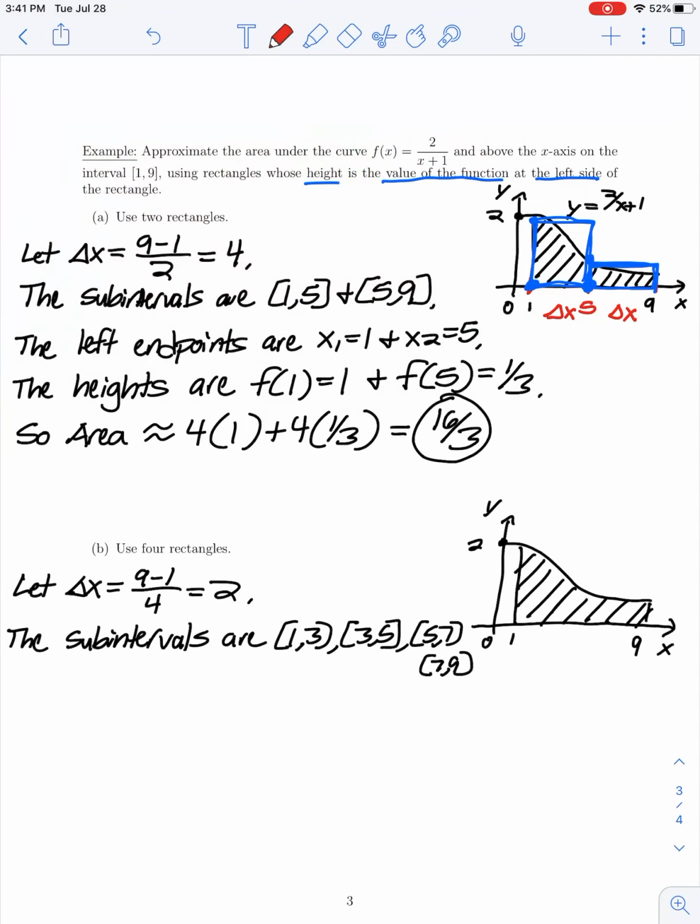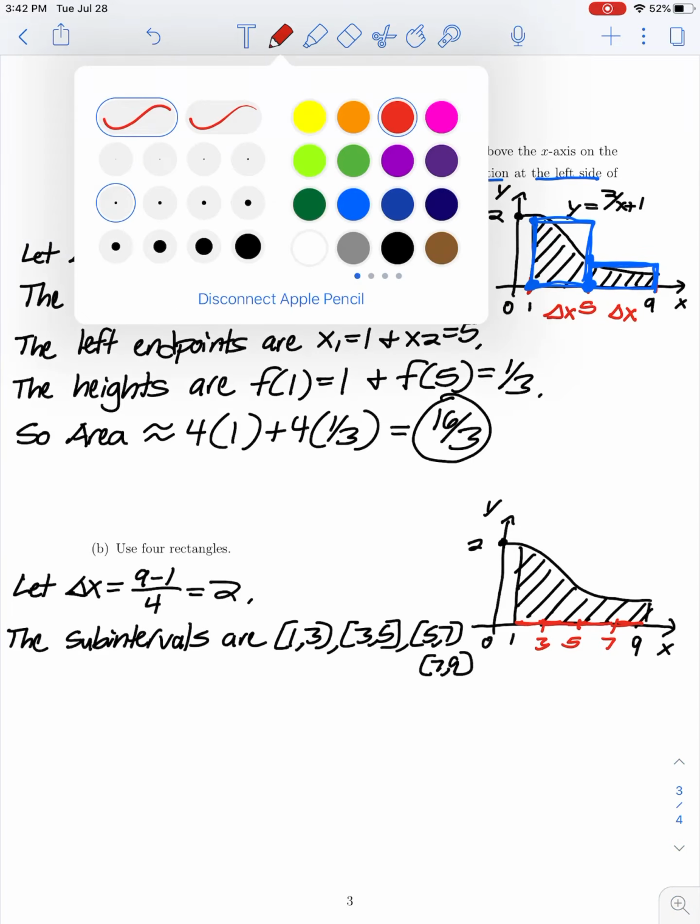So here we are dividing into these subintervals of equal width 2, or of equal length 2.